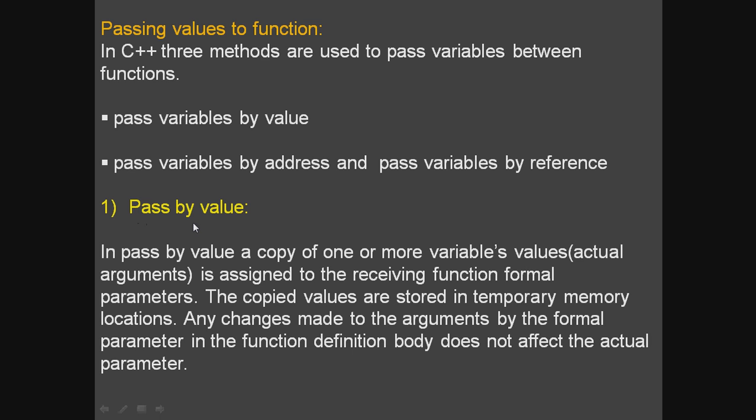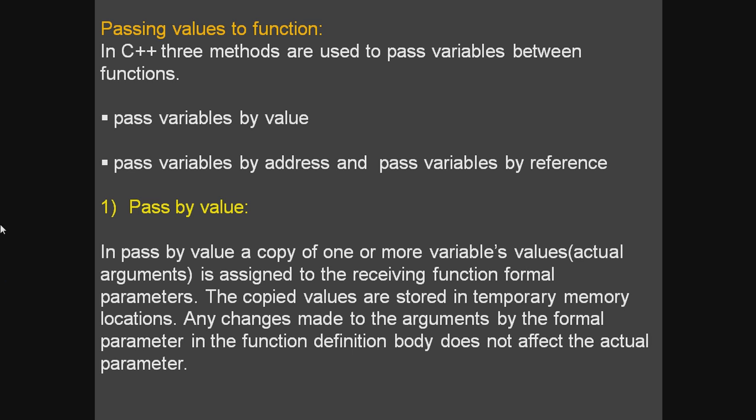So how can you pass the values of the variable from the calling function to the called function, right? All the programs that you have seen till now are pass by value and then return the value back to the main function.